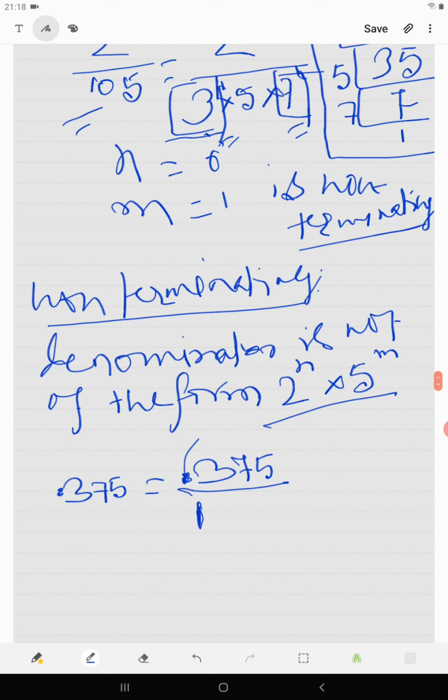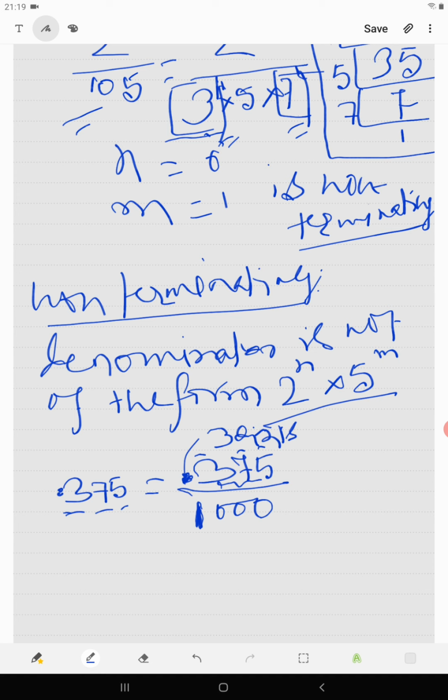And after the point, how many digits are there? Here we have 3 digits after the point. So when you are removing the point, 1 came, but since there are 3 digits after the point, there will be 3 zeros in the denominator.